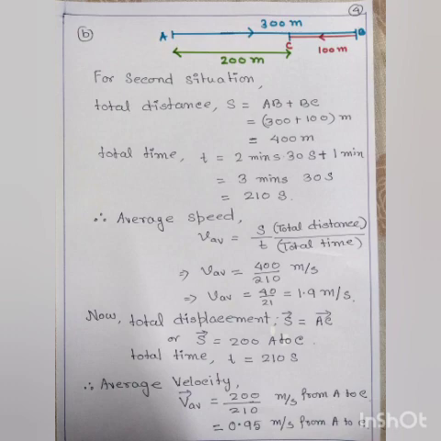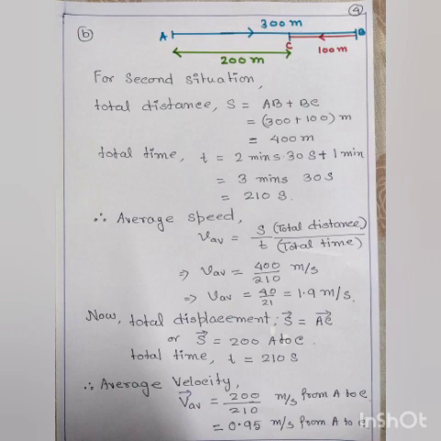And total time t is equal to 2 minutes 30 seconds plus 1 minute, that is 3 minutes 30 seconds or 210 seconds. Now average speed we know, total distance by total time. Here total distance is 400 meter and total time is 210 seconds. So V average will be 1.9 meter per second.